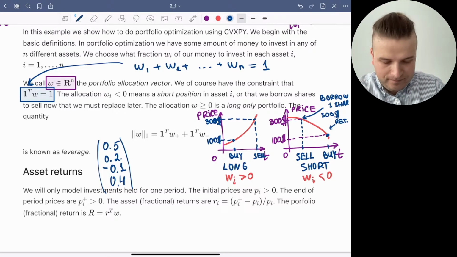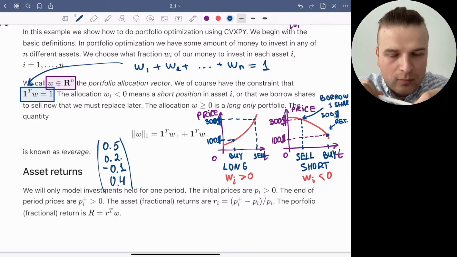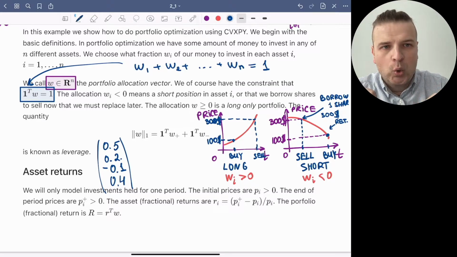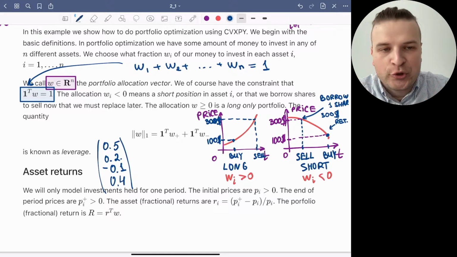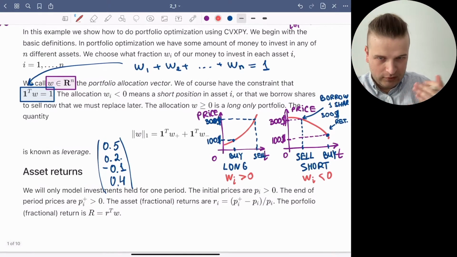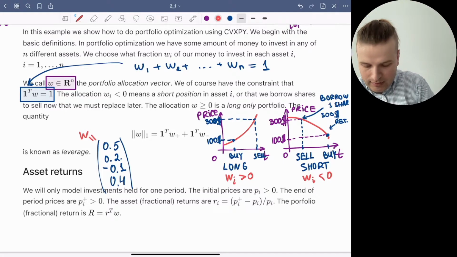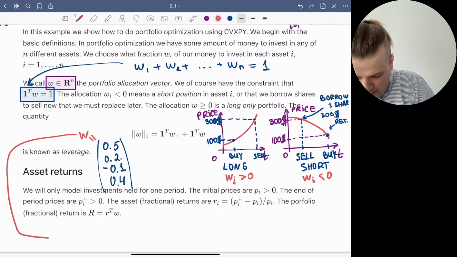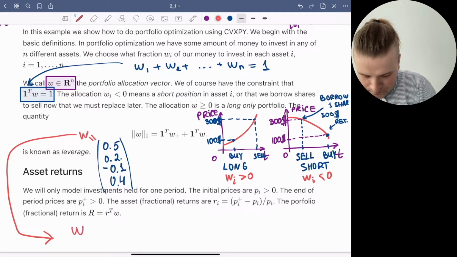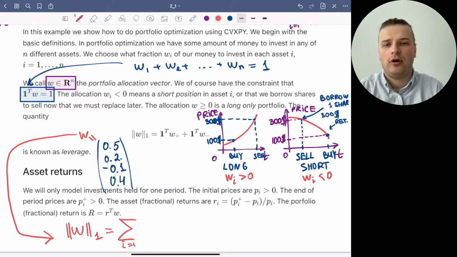And actually, if you calculate the one norm of a portfolio allocation vector, we'll obtain an amount which is called a leverage. Why so? Let's calculate it. So suppose we have this vector W, and when you calculate a one norm here, I remind you that one norm is just a sum of all absolute values of all entries.